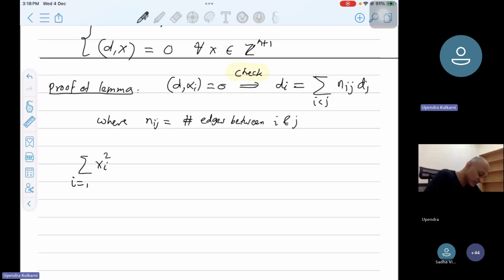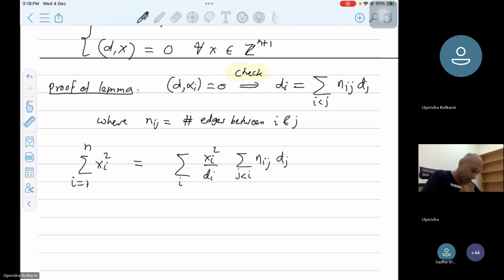So one is that summation xi squared, where i goes from 1 to n, is going to be, first step, summation i of xi squared divided by di times summation j less than i of nij dj.